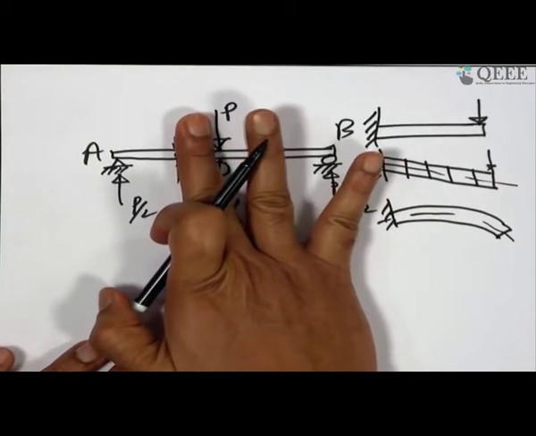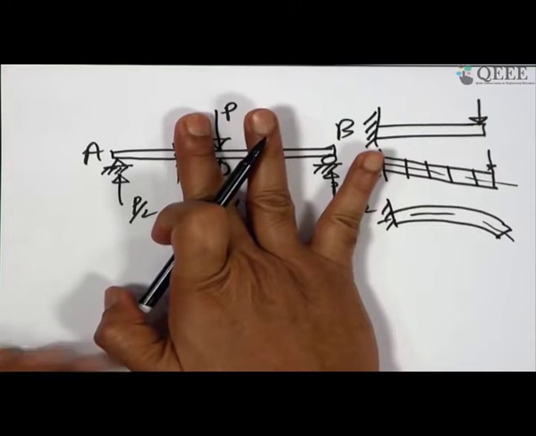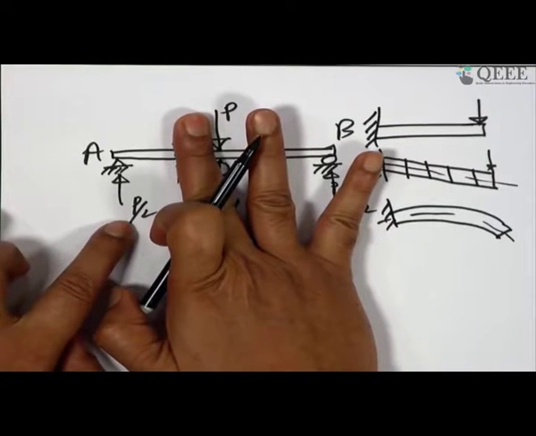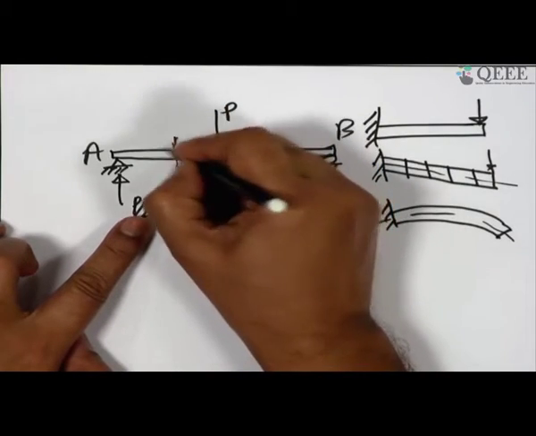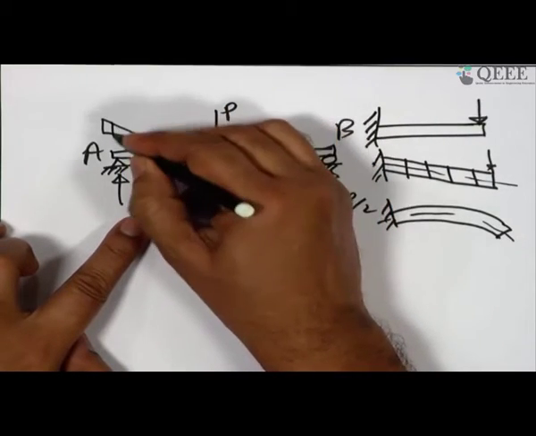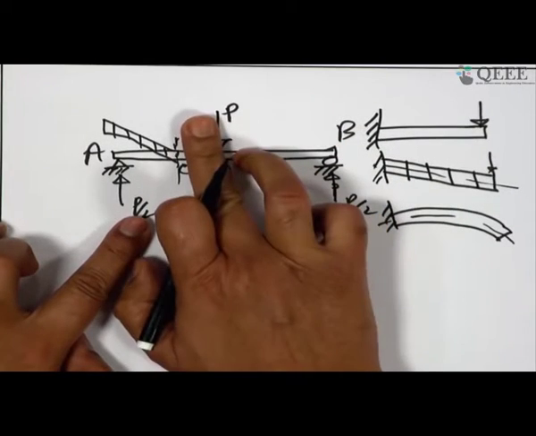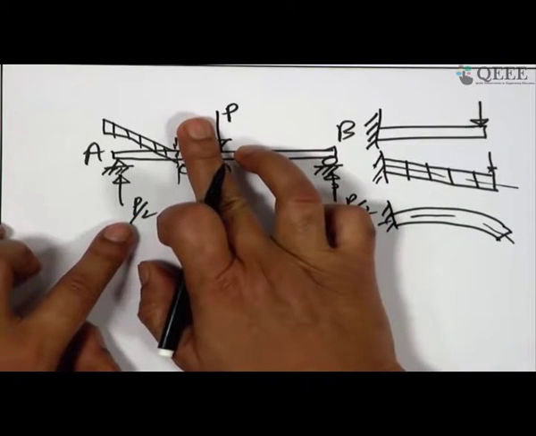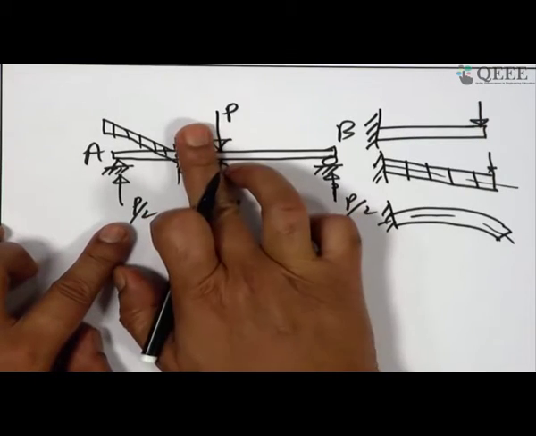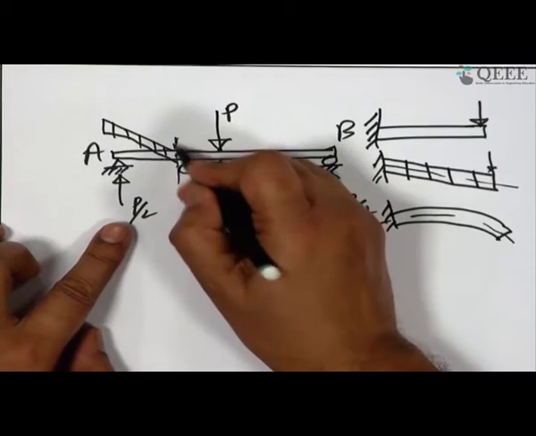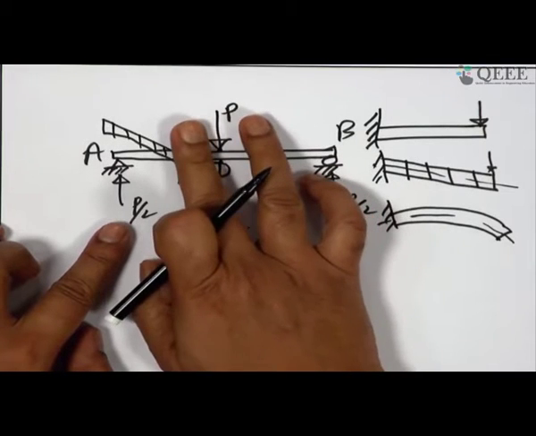Suppose for the time being you are looking towards its left. So, what this P by 2 force is doing, if it is the action of pure shear, it is trying to distort the beam like this. Whether it can or not, other effects I am not examining right now, it is trying to distort like this.